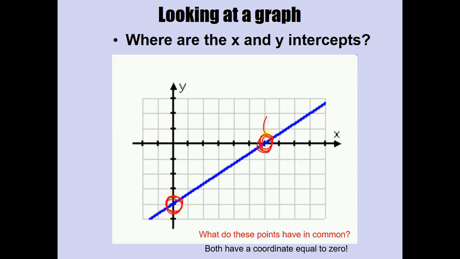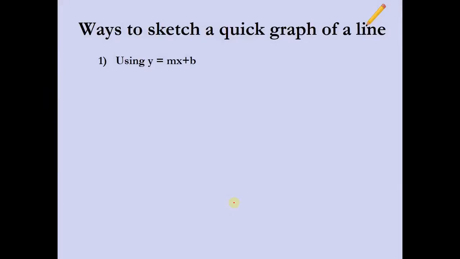This one has a coordinate of 6, 0. And the y has a coordinate of 0, negative 4. Notice how the axis it crosses through is the number, but the other coordinate, the x or the y, is a 0. That is what's common. That's what's going to help us.